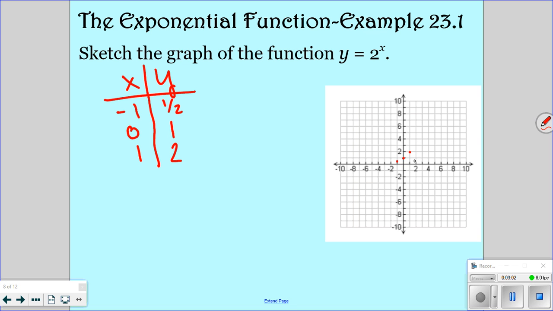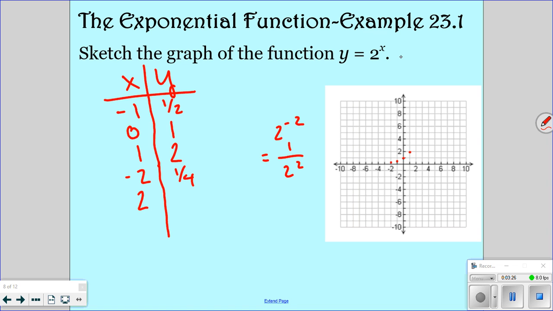And you can tell that's not a straight line, okay? We're going to plug in a couple more just so you can see a little bit more of your graph. We'll plug in -2 and +2. So 2 to the -2 is going to become 1 over 2 to the +2, which is 1/4. So we're going to go over to -2 and then up 1/4.